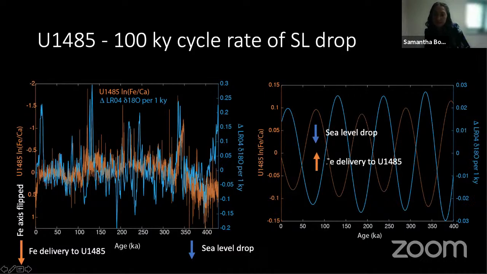And so basically we see max iron delivery to 1485 when we see max sea level rise, and then greater iron delivery to 1485 when we see a sea level drop. So this seems to be largely controlled by changes in sea level, at least close to the shelf.